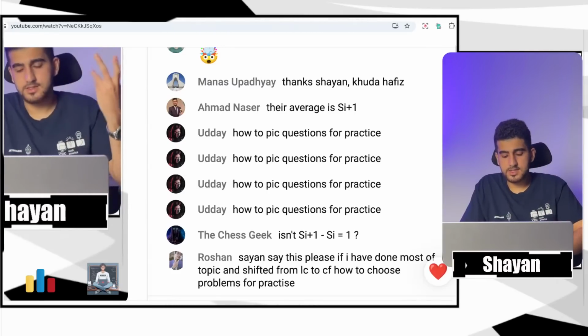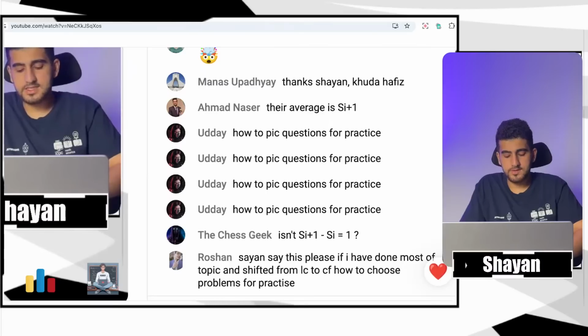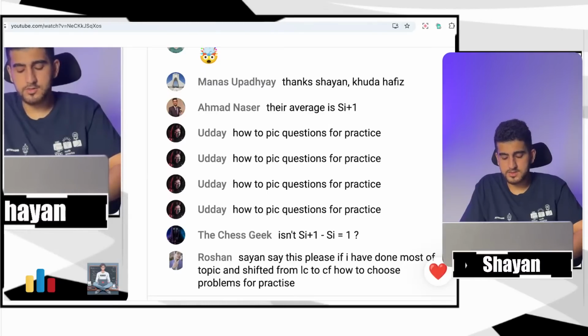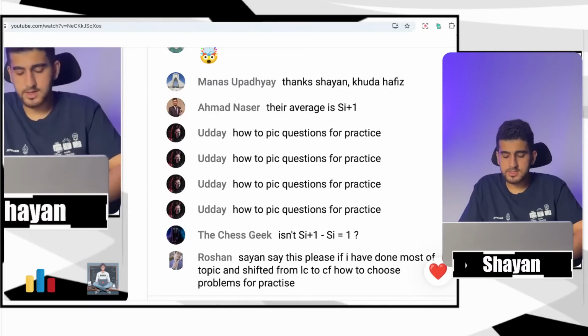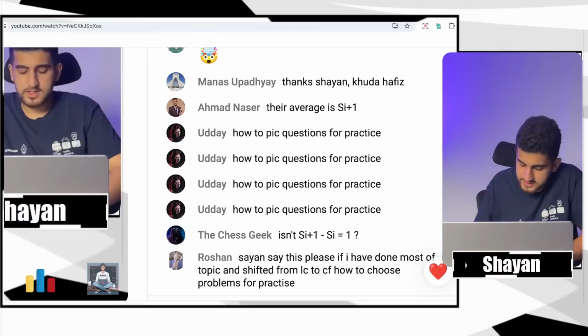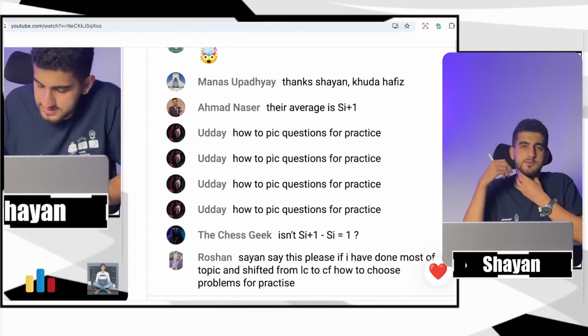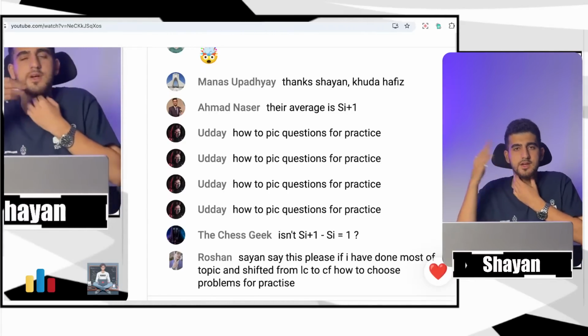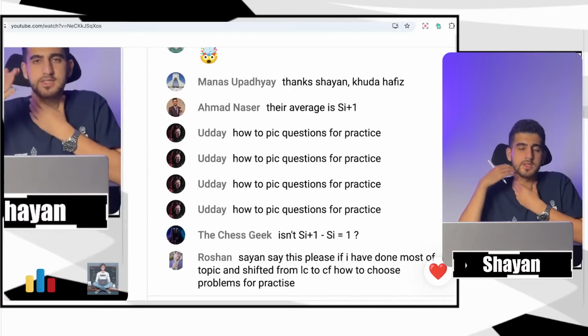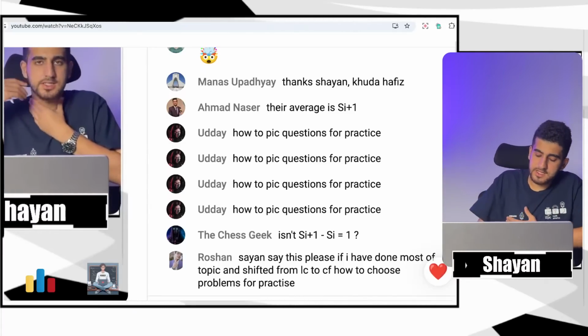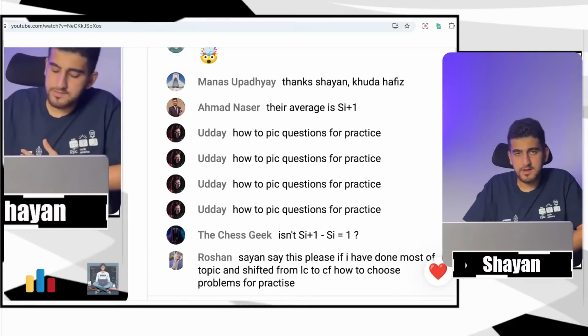Therefore, Si plus Si plus 2 divided by 2 is equal to S sub I plus 1. This shows that S2 minus S1 is equal to S3 minus S2, S4 minus S3 is equal to S3 minus S2, and so on. So the difference between each two consecutive elements is the same value.